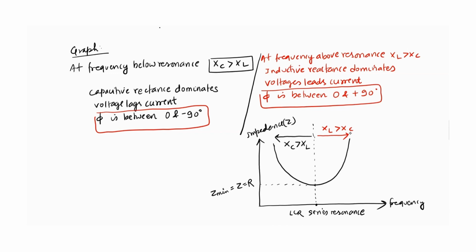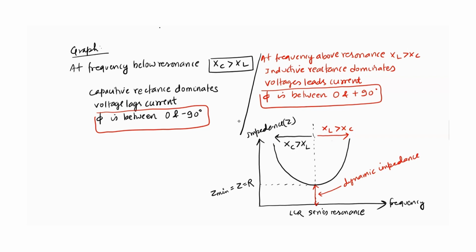Clear? So in this case, we have inductive reactance dominating the circuit. And this value of impedance is called dynamic impedance.